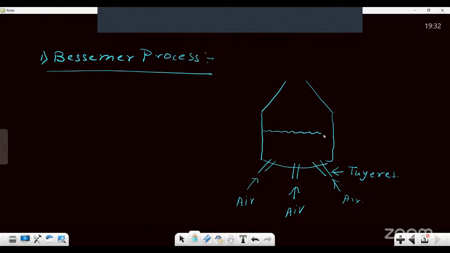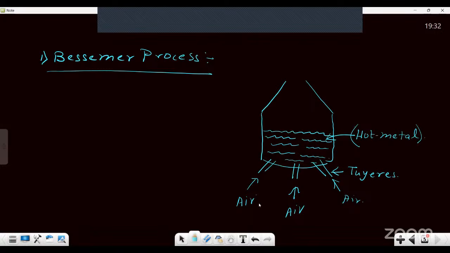And in the converter, what was there? Inside the converter, there was the hot metal. So this is the hot metal inside. Okay. And we are blowing air. Now, what is this air going to do?